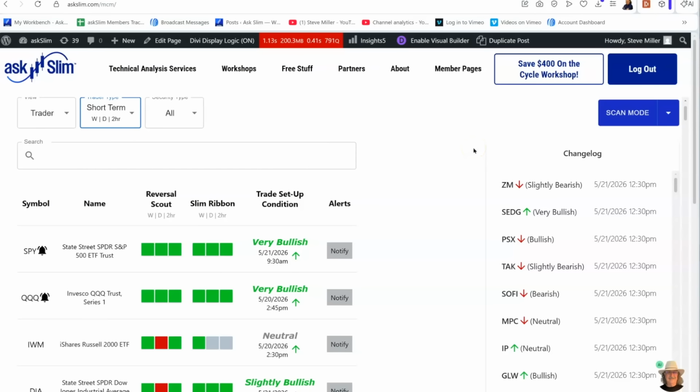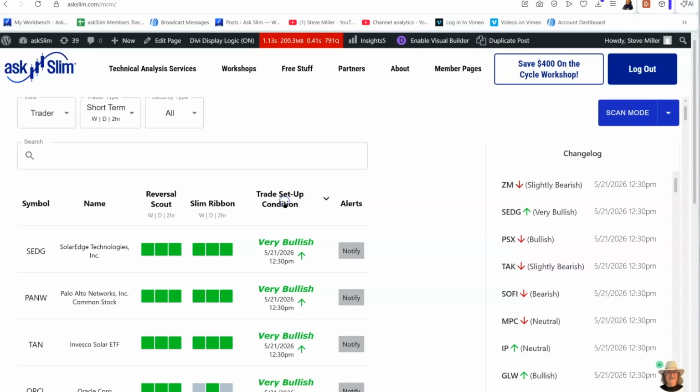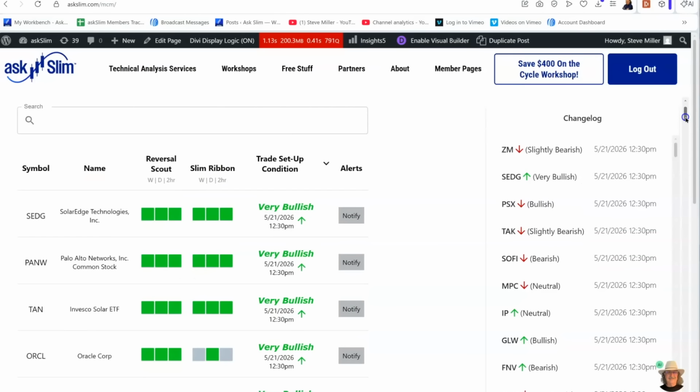Now let's look at the short-term conditions for the individual stocks. There's hundreds of stocks in here and ETFs. And we'll just look here for the ones that are very bullish on the short term, because this is a good overlap for people that are swing traders or longer term traders. It's kind of right in the middle time frame.